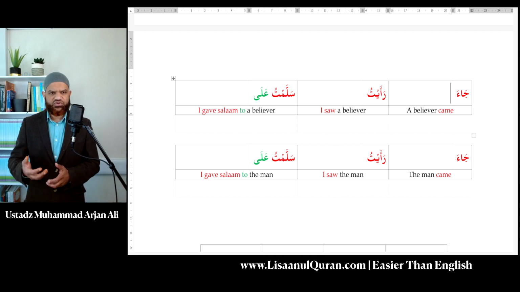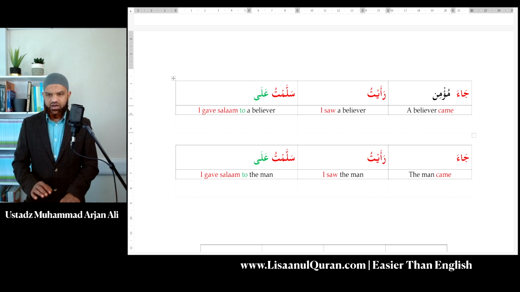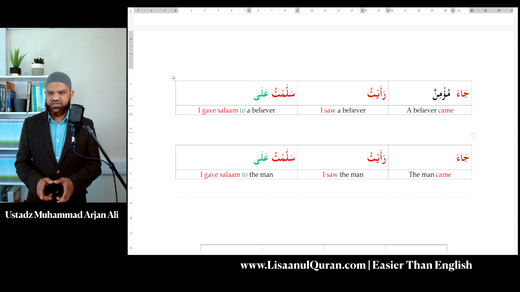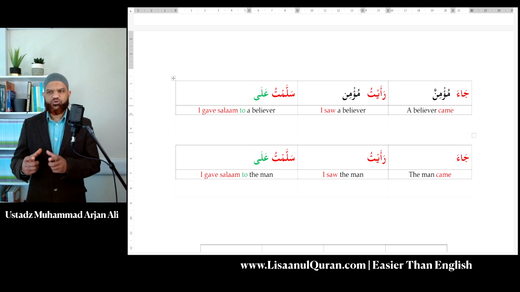So instead of using Muslim, let's use a different word, believer. I want to say a believer came. So in Arabic, I will write Ja'a Mu'min, and I have to say Mu'minun. Why? Rafa status, because it is the doer. Ra'aytu, I saw a believer. Now the word for believer, of course, is Mu'min, but it needs to be the object.